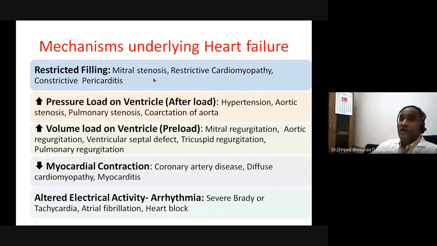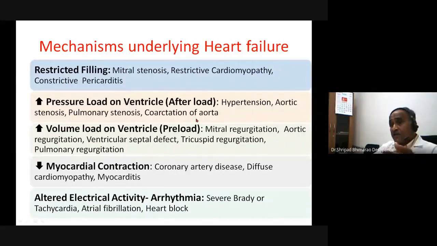Now aortic stenosis. Aortic stenosis is where the aortic opening is stenosed, so again that produces resistance, that is afterload. Similarly, pulmonary stenosis. The pulmonary valves lead into the pulmonary circulation on the right side of the heart, so that also produces afterload.